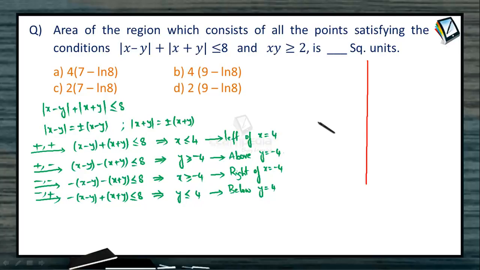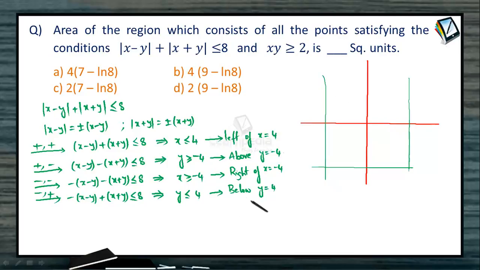On the Cartesian plane, the line x = 4 is a line parallel to the y-axis. The line y = −4 is a line parallel to the x-axis, 4 units below the x-axis. The line x = −4 is a line parallel to the y-axis on the left side of the y-axis.